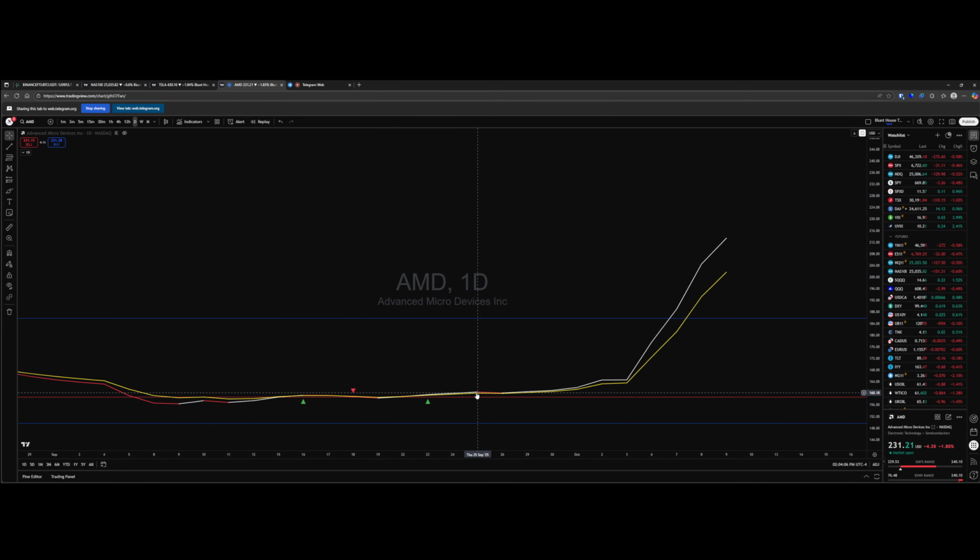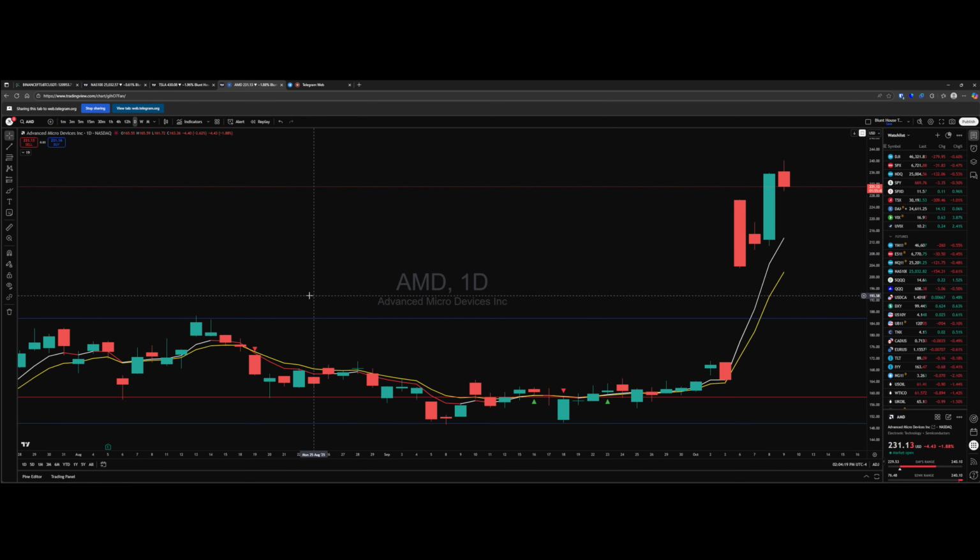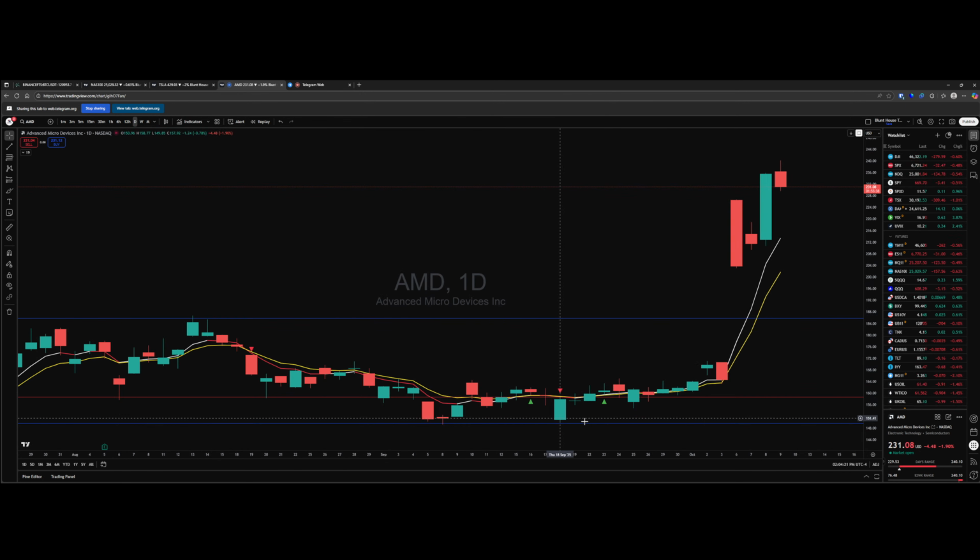But eventually, the momentum, the magnitude, the scope, the value, the volume of all of that activity got picked up in our charts. And 10 days before price pops, we get a buy signal.